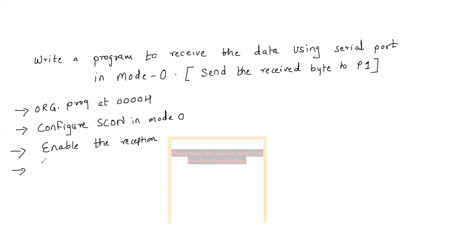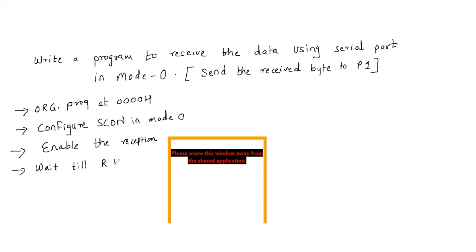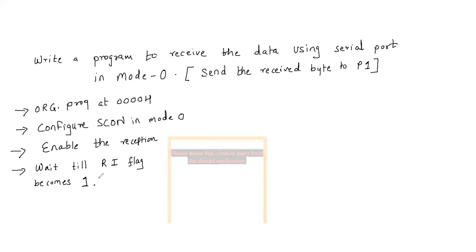Once the reception is enabled, we have to wait till the RI flag becomes 1. What does it indicate? It indicates that all 8 bits have been received by the serial buffer register.